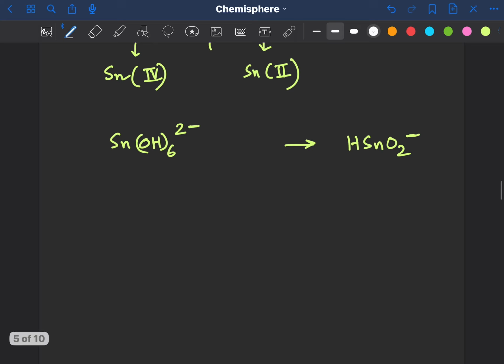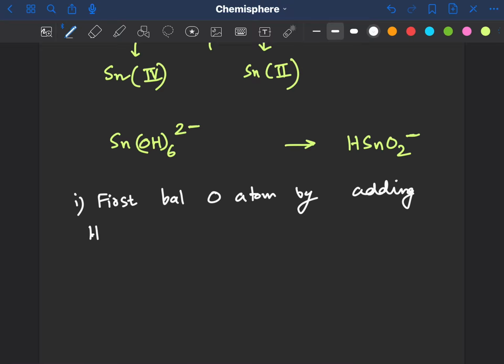The first step is: balance O atoms by adding H2O molecules to the side deficient in O.